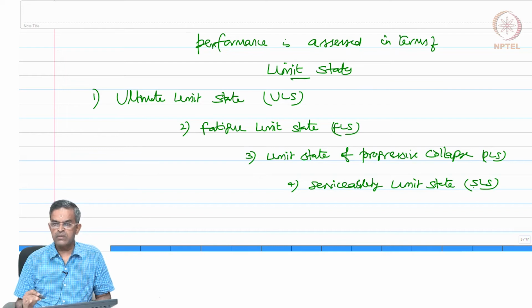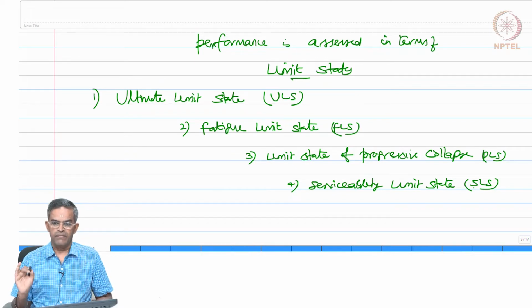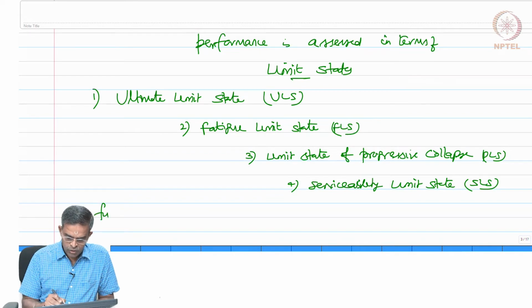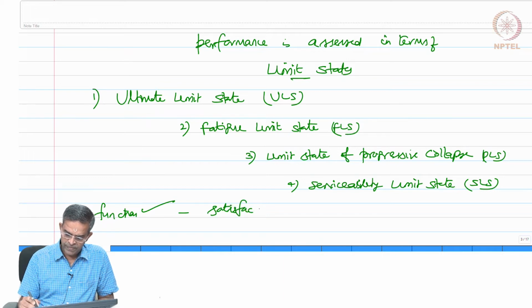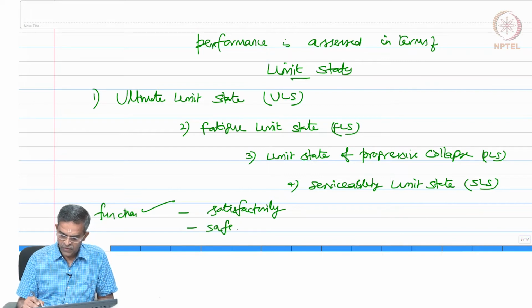So, there are four limit states which can become a toolbox to assess the performance of a structure, with the objective that the structure should perform its intended function satisfactorily and safely.